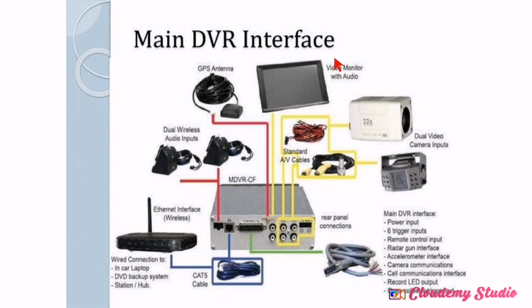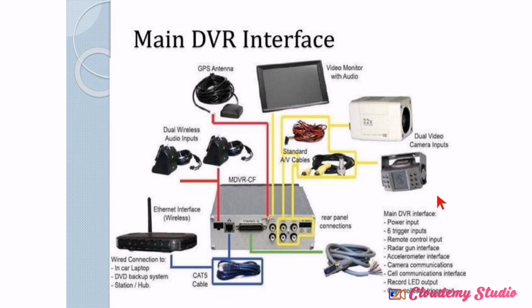So this is the screen, though this picture is odd, don't mind. Nowadays we have things that are advanced, even the DVR itself. There are those that are advanced, they even have a port for an HDMI cable. Okay, so we have dual wireless audio inputs, then we have a GPS antenna, then we have the video monitor here, then we have dual video camera inputs.